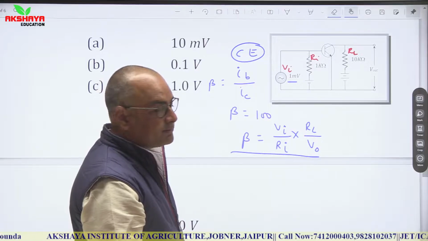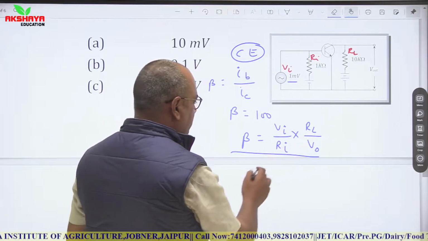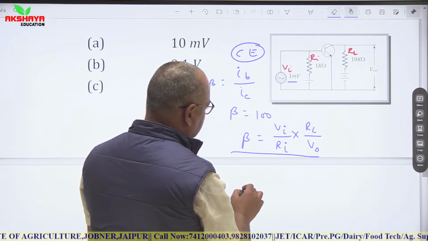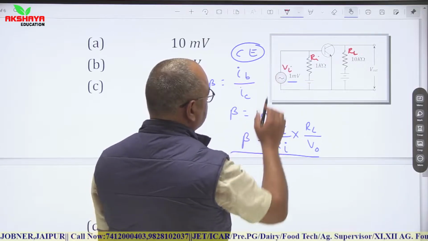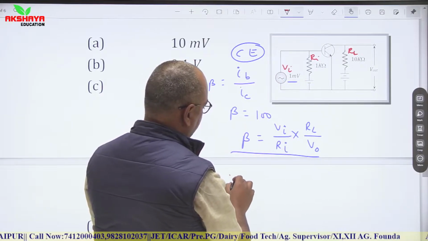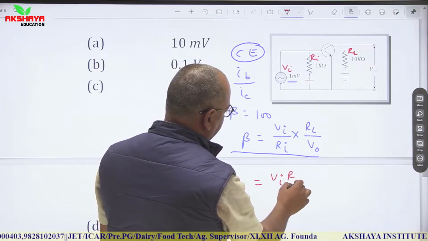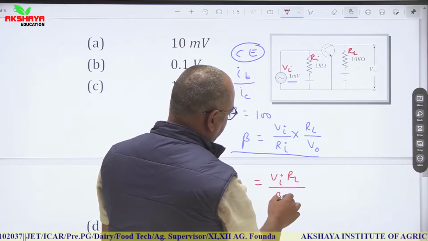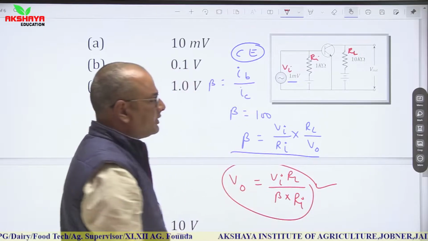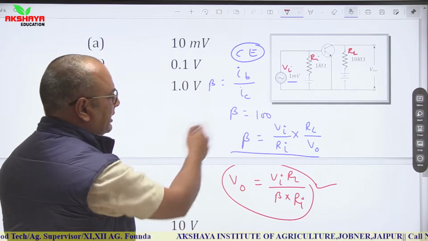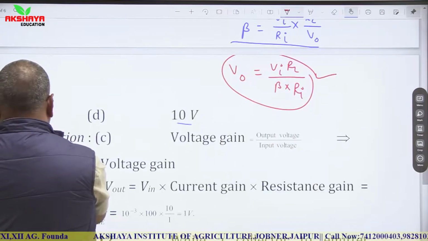So RL comes in the numerator and VO in the denominator. Now calculate VO. We can say that VO is equal to beta into VI into RL upon RI. So from this relation we can calculate the output voltage. It is again simple, all the data is given to us and simply we have to make the calculation.